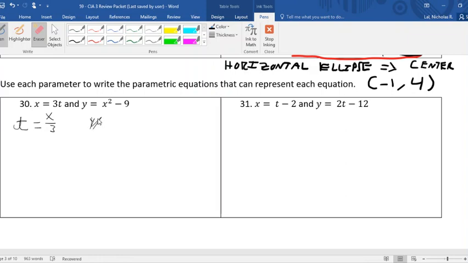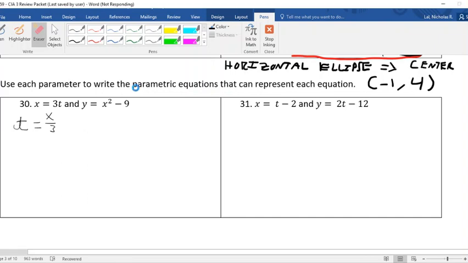That's why I wrote this problem wrong when I was solving.